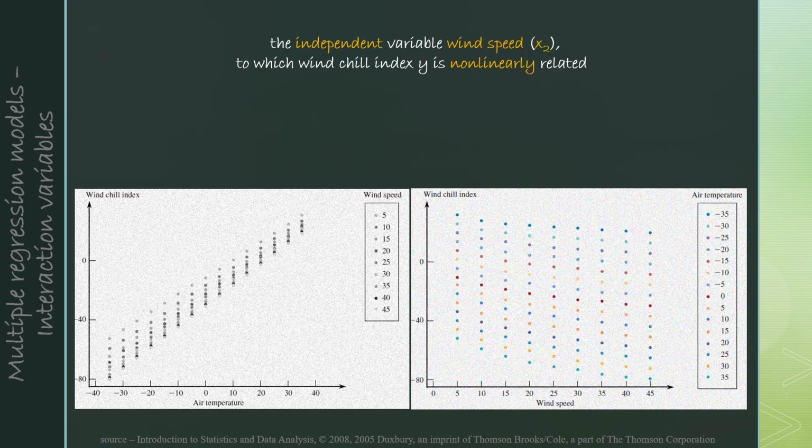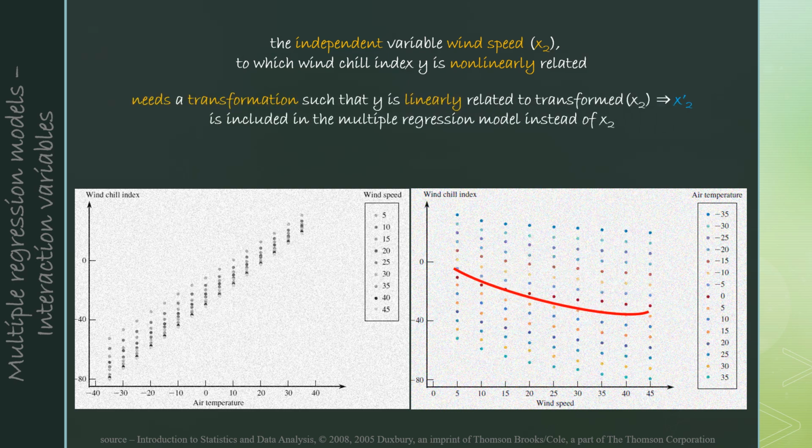Note that the independent variable wind speed x2, to which the wind chill index y is nonlinearly related, needs a transformation such that y is linearly related to transformed x2, that is x2 dash, which is included in the multiple regression model instead of x2. We discussed these transformations during the lectures on polynomial regression and transformations.